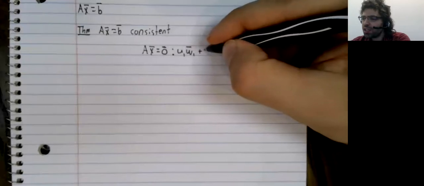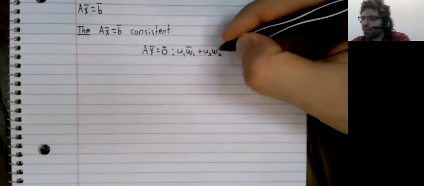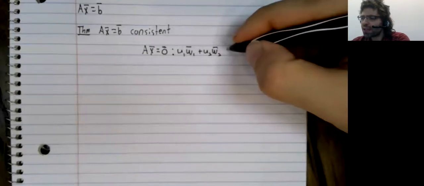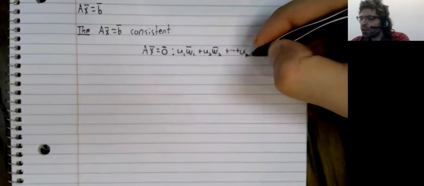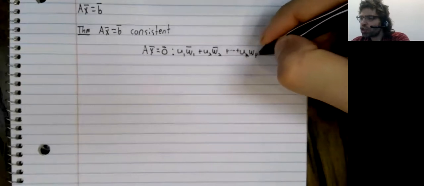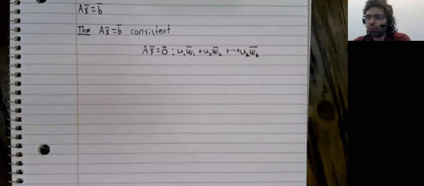a linear combination of vectors, one for each free variable.